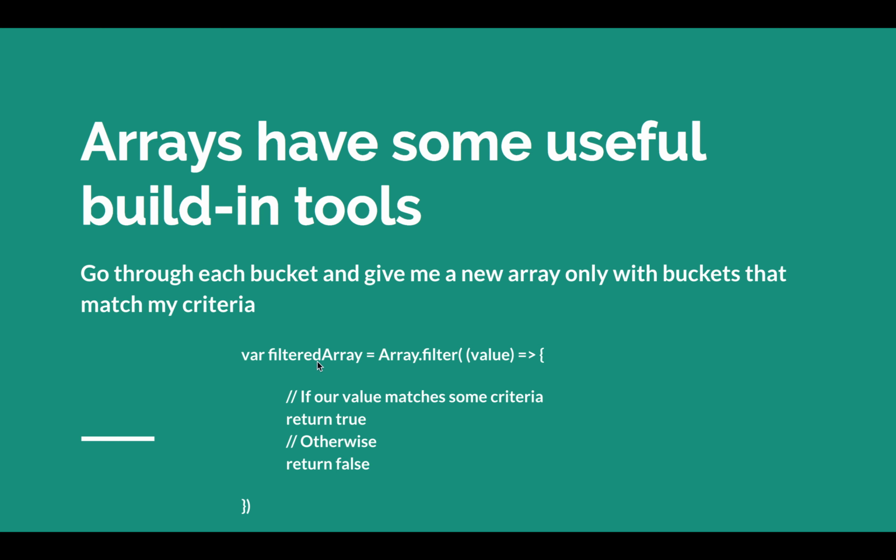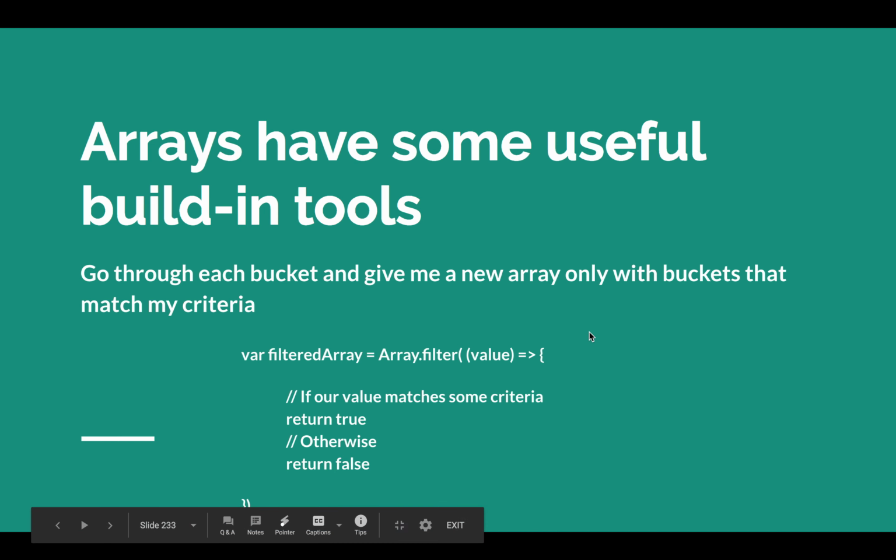So we're declaring a variable called filtered array, and what we're saying is our array dot filter, and then for each box inside of it, we do some kind of if statement, and if that's true, we return true. Otherwise, we return false. Those are the booleans again.